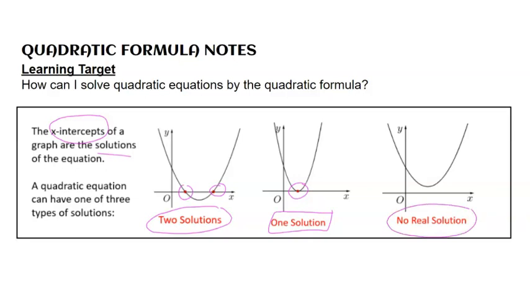In the next unit, Unit 8, we're going to talk more about the graphical representations of quadratic equations, but I just wanted to give you that visual to remind you that sometimes we'll have two solutions, sometimes we'll have one solution, and sometimes we will not have any solutions to a quadratic equation. We're going to go through one example of each type of solution as we work with this quadratic formula.